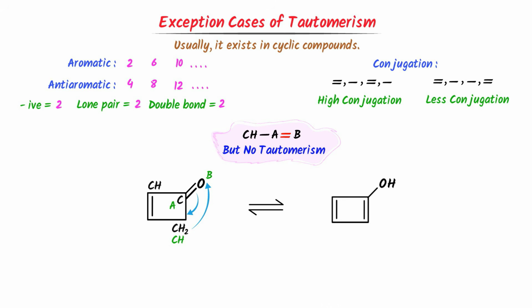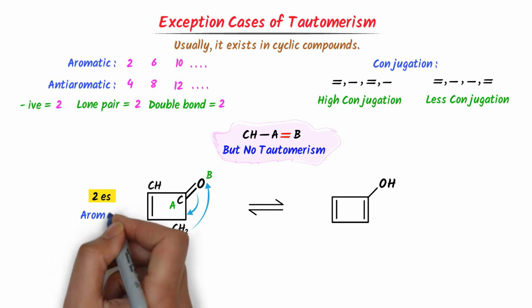I get this compound. But wait a minute. We know that these both compounds are cyclic. So I have to check whether these compounds are aromatic or anti-aromatic. This cyclic compound has one double bond. I write 2 electrons. We know that if a compound has 2 electrons, it is aromatic.